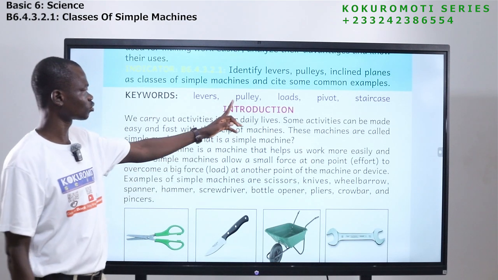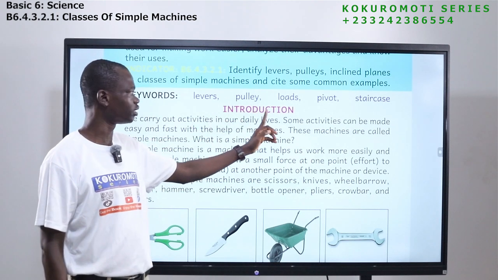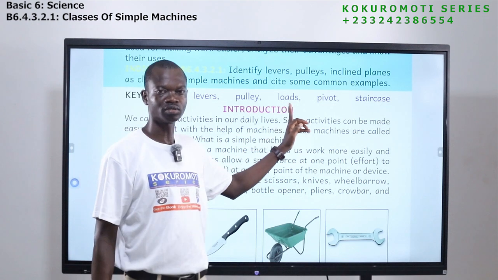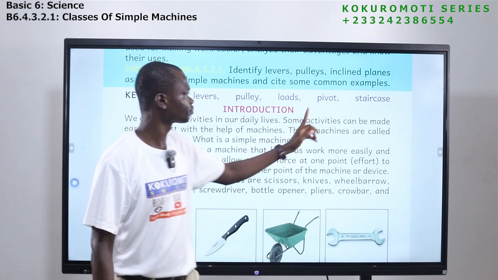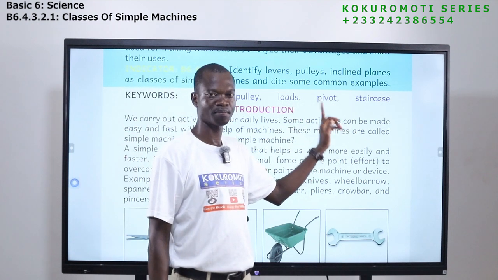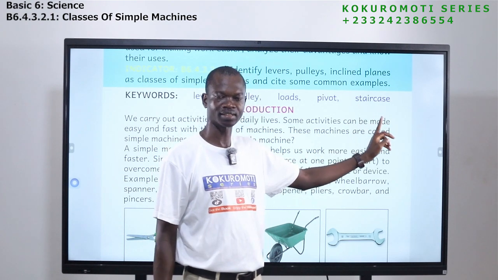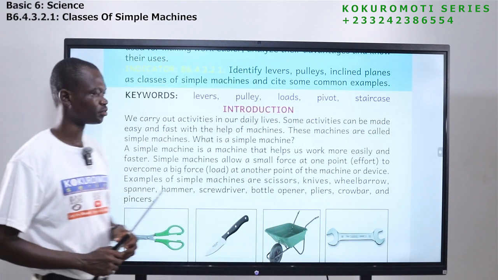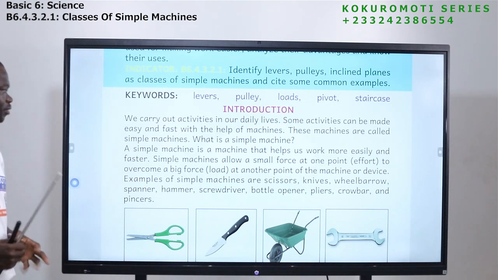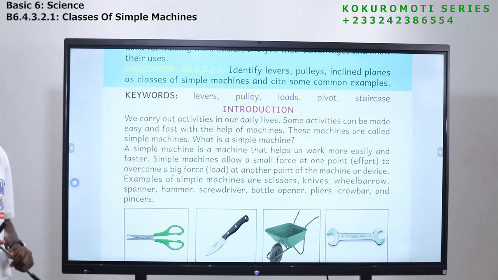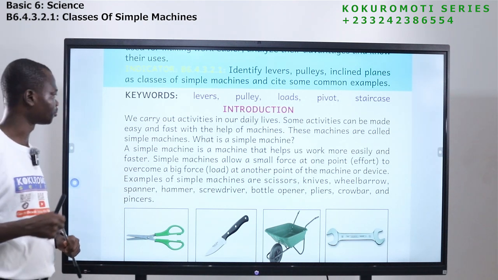The next one is pulley. We have loads, pivots, and here is staircase. So these are some of the words that you find in the lesson. You will get to know the meaning, don't worry.